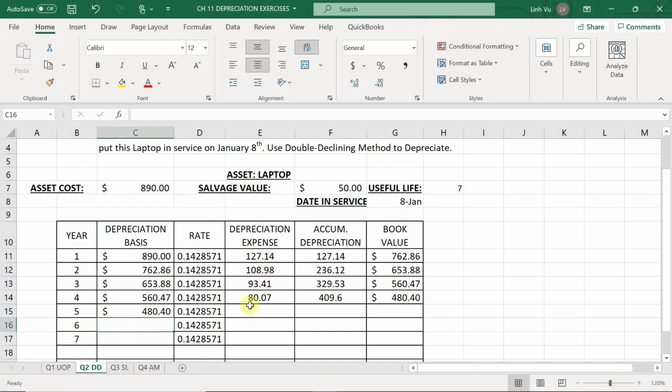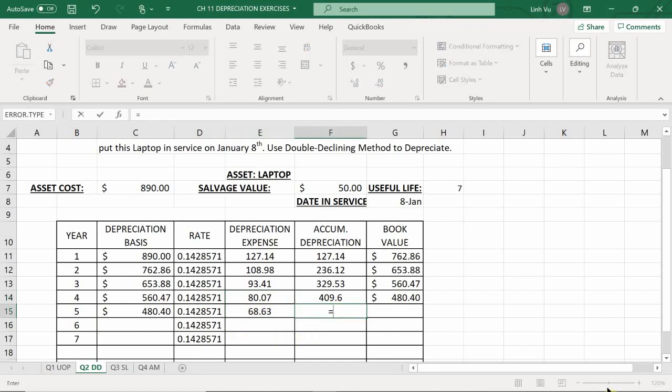And we're going to times that by our rate to get a total expense of $68.63, which we're going to add to our previous balance of $409.60 to get a total of $478.23.